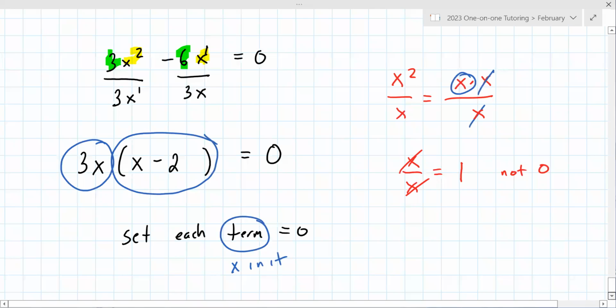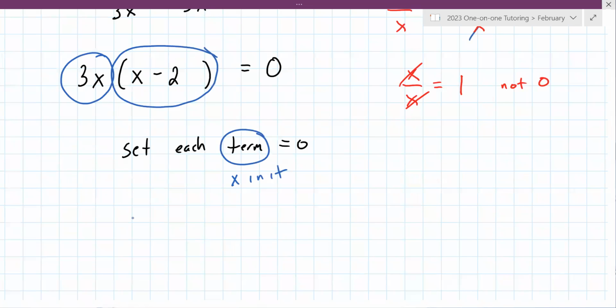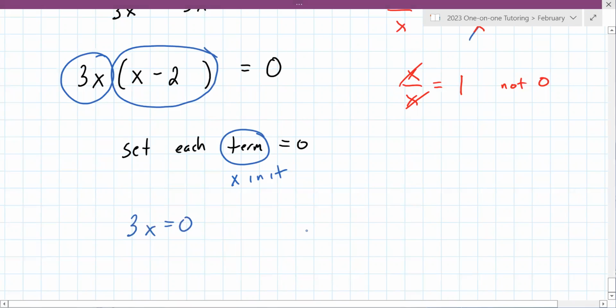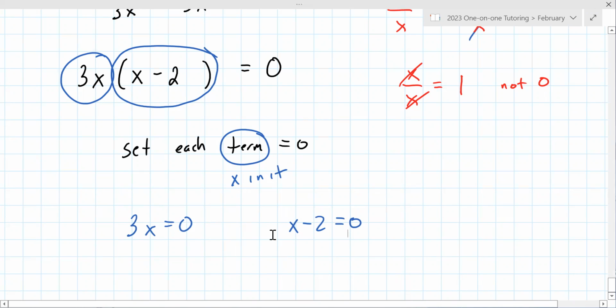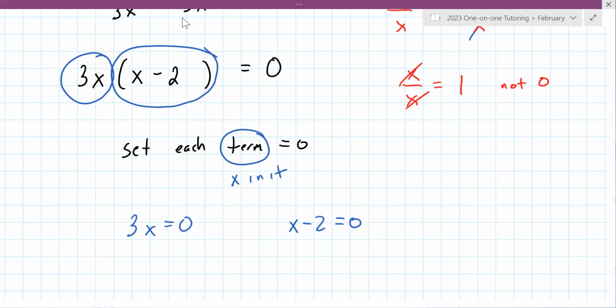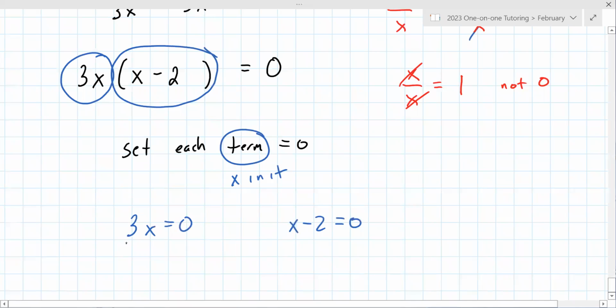So you set them each equal to 0. 3x equal to 0, x minus 2 equal to 0. It's kind of like your type 1, type 2, but not completely the same. Now you're going to divide both of these by 3, x equals 0, and then you're going to add 2 to both sides, x equals 2.